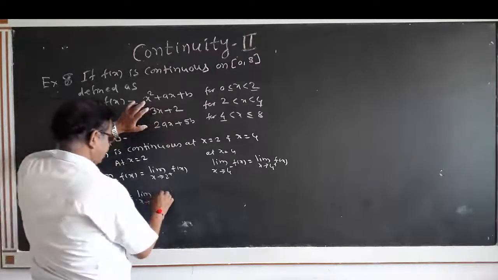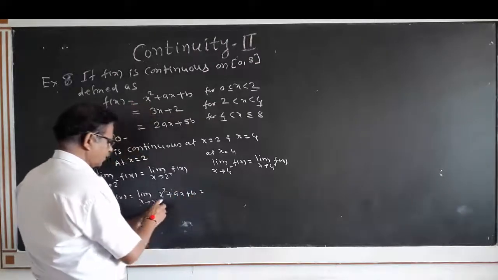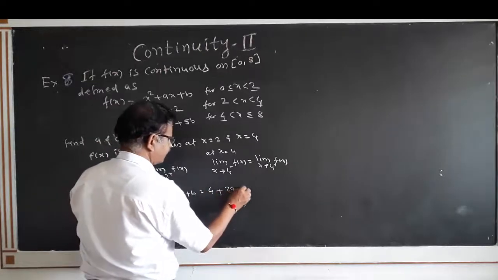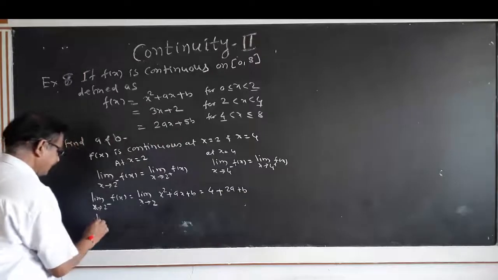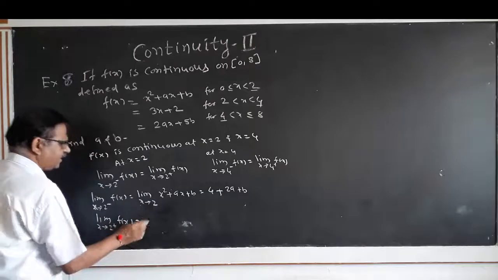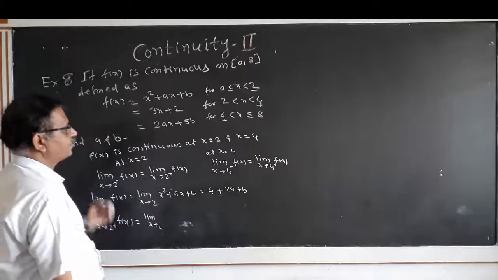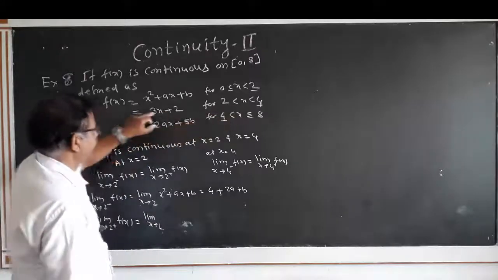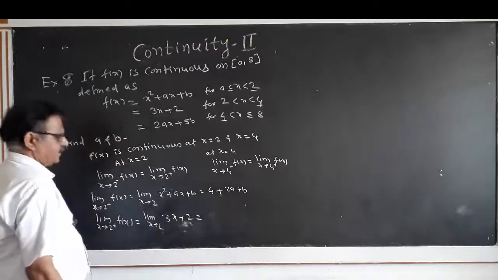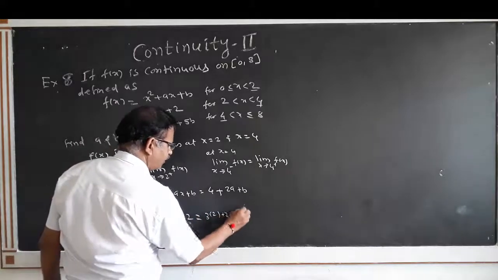Therefore, function is x square plus ax plus b, that is nothing but 2 square, 4, plus 2a plus b. Limit x tends to 2 plus of f(x): x is approaching 2 from right hand side, that means x is greater than 2, so 3x plus 2, that is equal to 3 into 2, 6, plus 2 equal to 8.